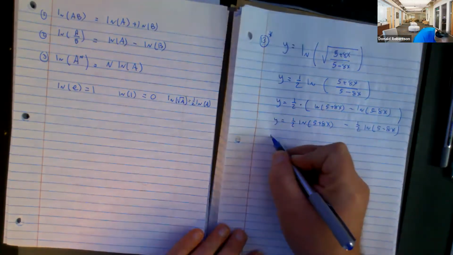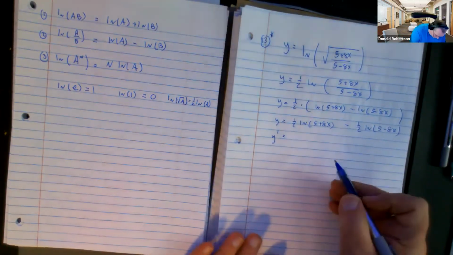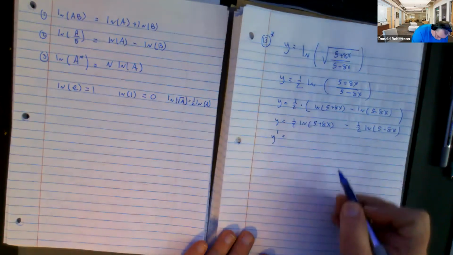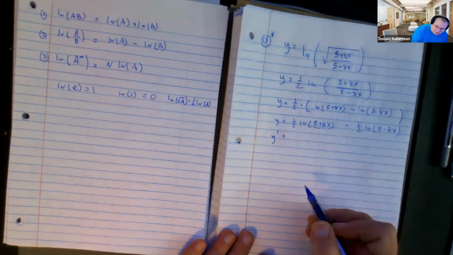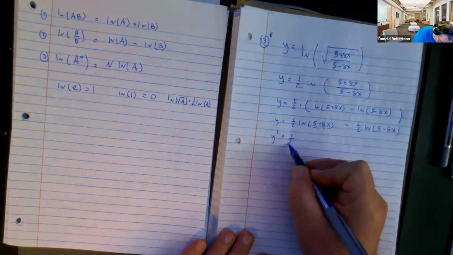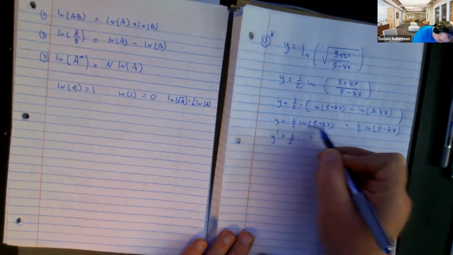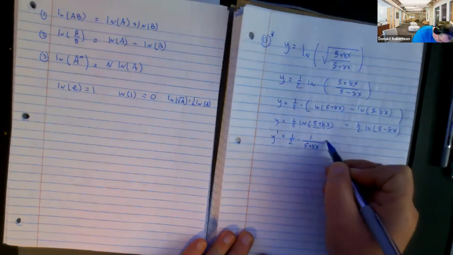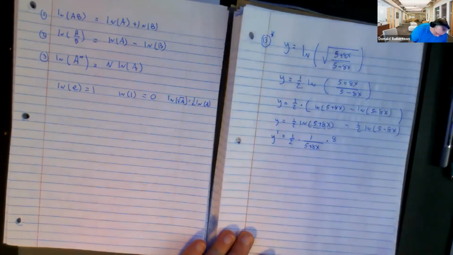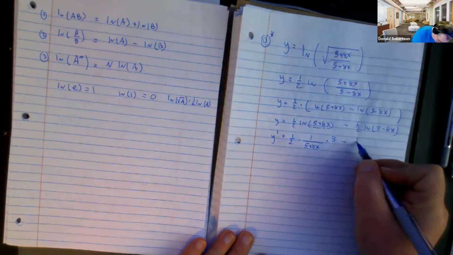Now we differentiate. Actually, the differentiation is very often the easiest piece of the puzzle. Now this is going to be a chain rule, and that guy there is the inside function. So you get 1/2. To differentiate a log, it's 1 over the inside function times the derivative of the inside function. Take away 1/2.